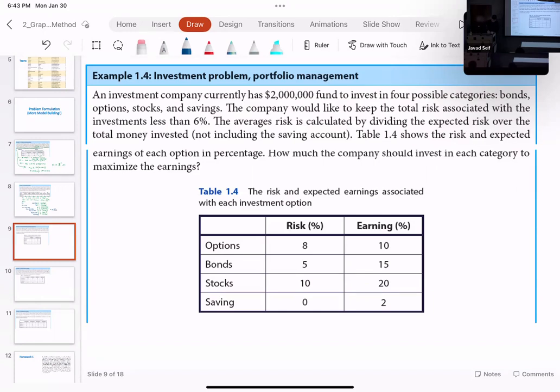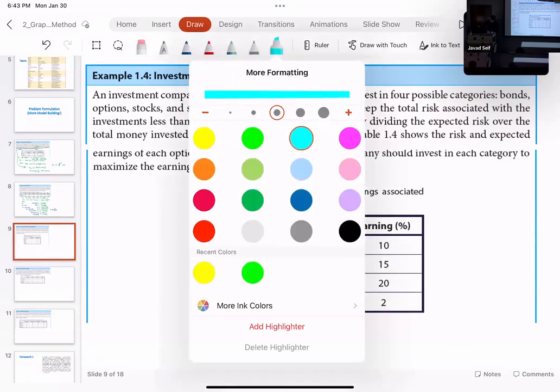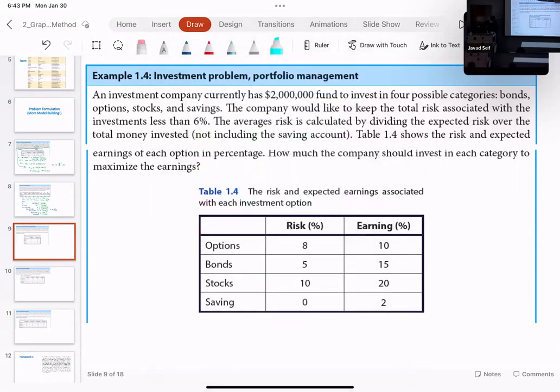That sounds like a constraint. The average risk is calculated by dividing the expected risk over the total money invested, not including the savings.